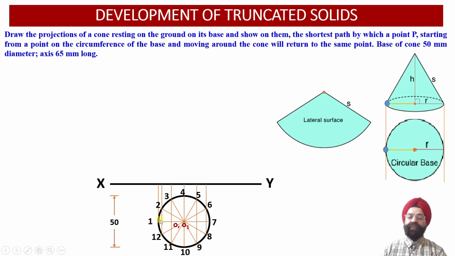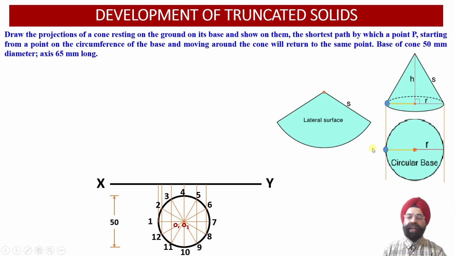And now we have divided the circular projection obtained onto the horizontal plane into 12 equal parts so that the included angle for each one of these 12 sectors will be equal to 30 degree each. So the 12 points we have projected into the top view projections over here. And we have also marked the axis points O and O1 into the top view projections over here.